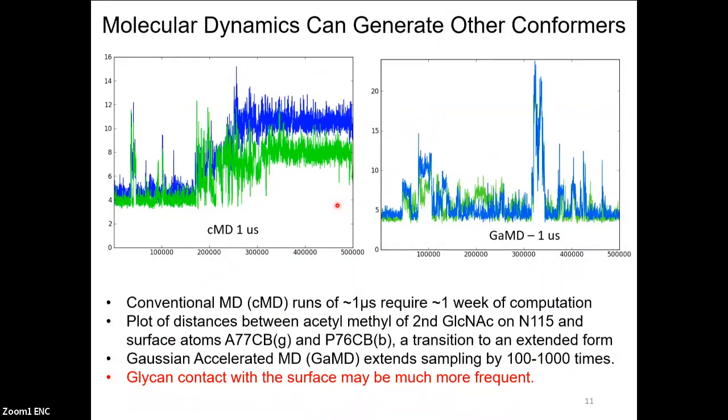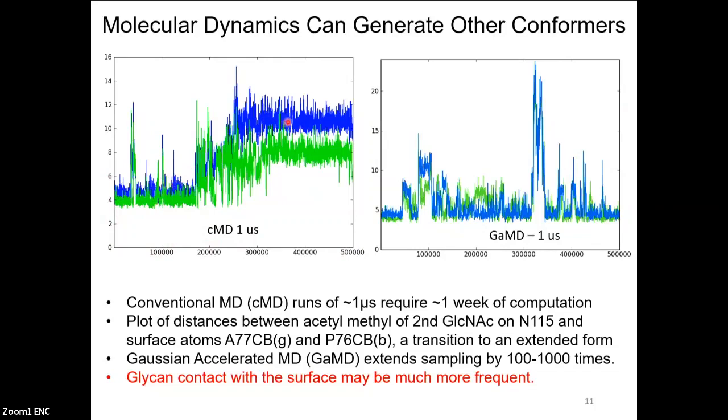So if you go and look for what are some other conformations, the first thing you do is do a molecular dynamics trajectory. And this is monitoring distance between one of those acetyl methyls and some surface sites on the protein. You see it goes along, all of a sudden there's a transition to some other state. Actually, it goes from small distances to long.